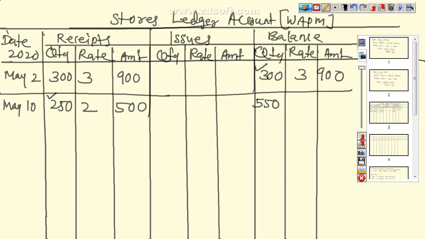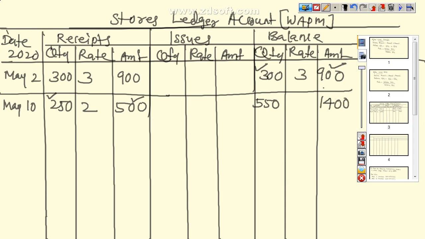The balance amount is 900 plus 500, which is equal to 1400. Now how to calculate the rate?